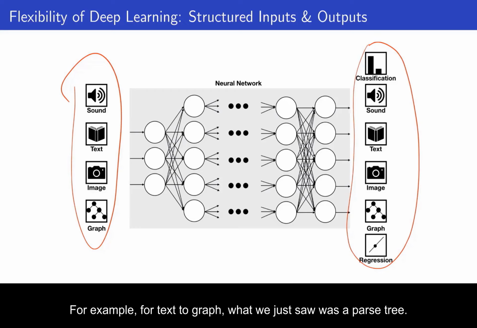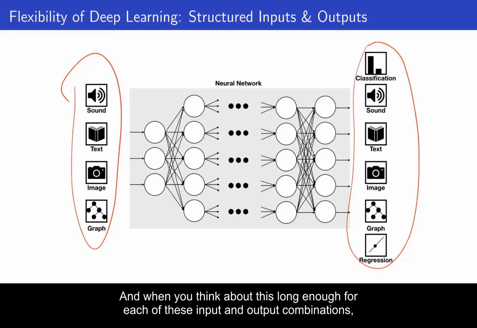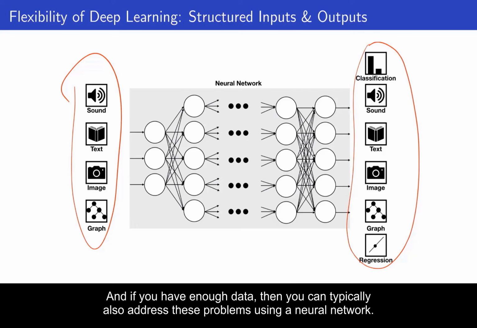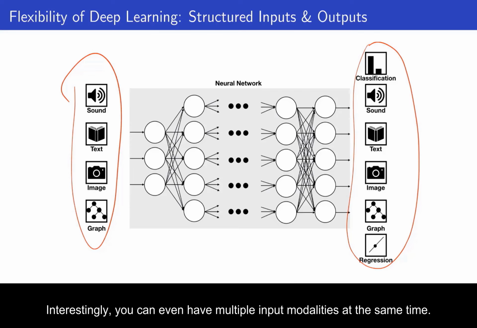For example, for text to graph, what we just saw was a parse tree. From image to image, we just saw denoising and semantic segmentation. And when you think about this long enough for each of these input and output combinations, you could come up with some interesting applications. And if you have enough data, then you can typically also address these problems using a neural network. Interestingly, you can even have multiple input modalities at the same time.